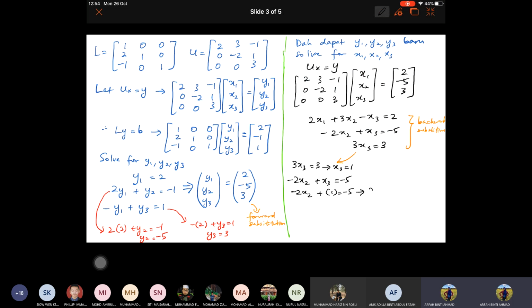So dapat x2 sama dengan 3 kan? Okay. Then 2x1 plus 3x2 minus x3 sama dengan 2. So 2x1 tambah 3 kali 3 tolak 1 sama dengan 2. 6 tolak 1, 9 tolak 1, 8. So dapat x1 sama dengan berapa?